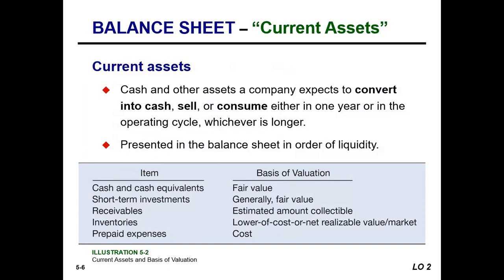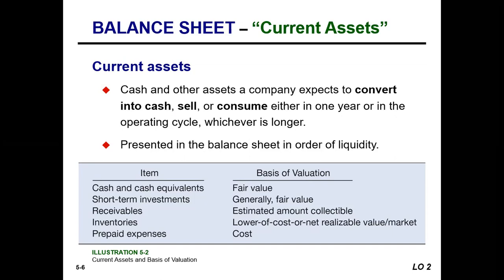So cash and cash equivalents, fair value. We get more into fair value calculations in chapter 6 together, if I'm remembering correctly. Because when we think about cash and cash equivalents, obviously we know what cash is, right?